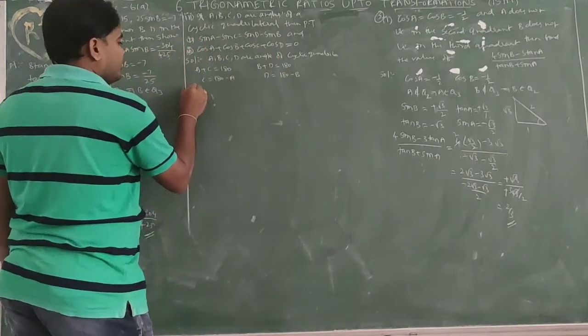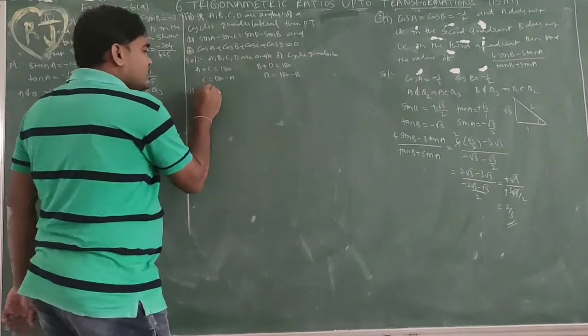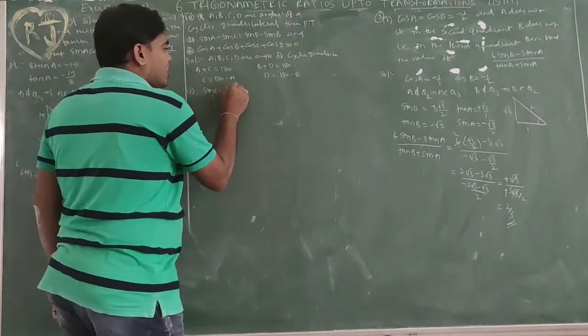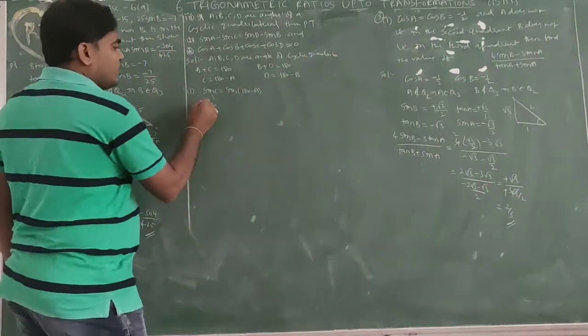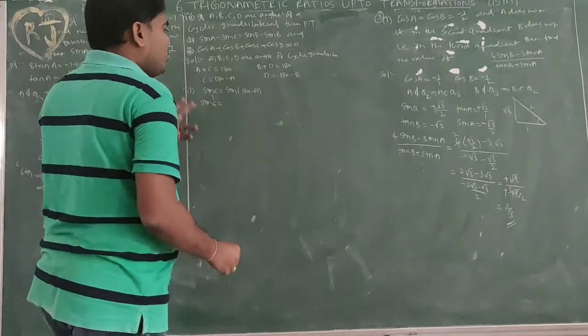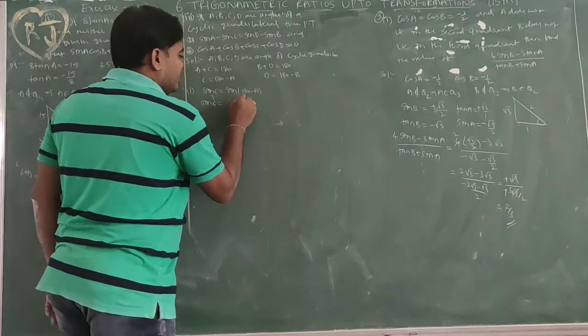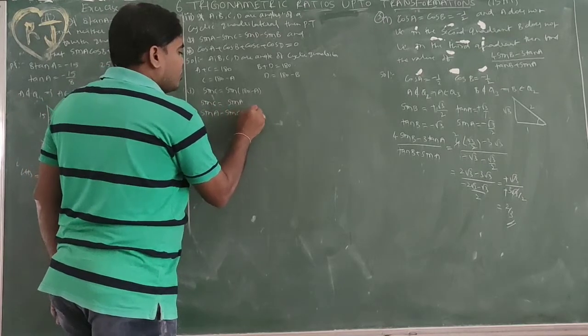So first one I am taking. Sin C equal to sin of 180 minus A. Sin of 180 minus theta equal to sin theta, so sin C equals sin A. So sin A minus sin C equal to 0.